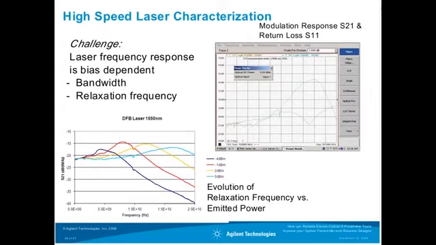Therefore, it's important to be able to judge the internal characteristics of such a laser, the evolution of the relaxation frequency over the average emitted optical power.